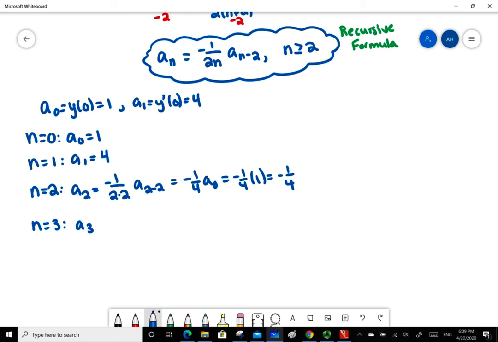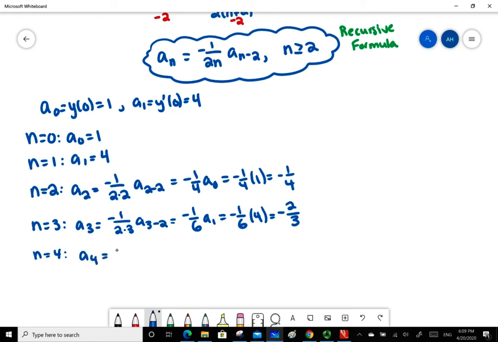For n equals 3, a sub 3 is negative 1 over 2 times 3, a sub 3 minus 2, so negative 1/6 a1, so negative 2/3. And n equals 4, a4 is negative 1 over 2 times 4, a sub 4 minus 2, which equals negative 1/8 a2, so positive 1/32.